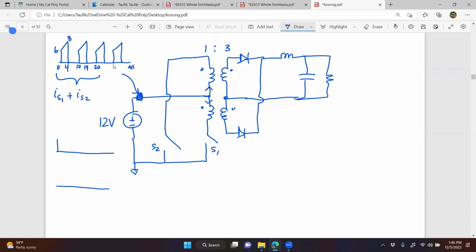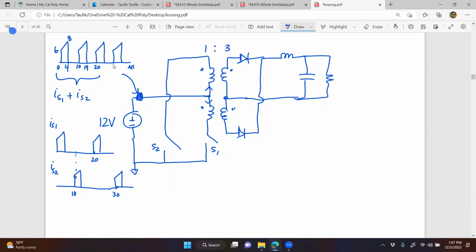Switch 1 is going to be the first set right here, and then after 20 microseconds it repeats again. Here's the 10, half of the period, and here's the 30 right there. So if I were to draw IS1, IS2, that's what I'm getting. Is that okay so far?